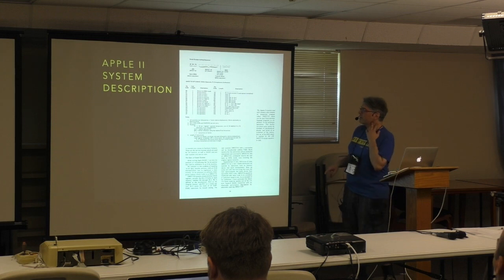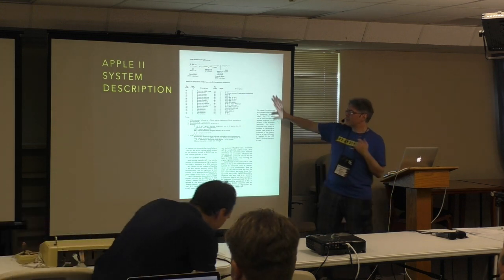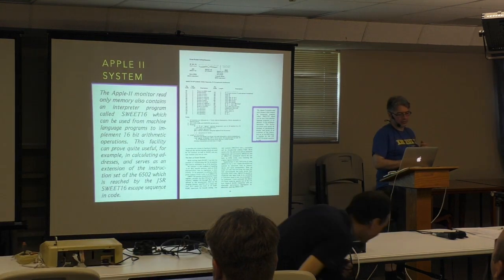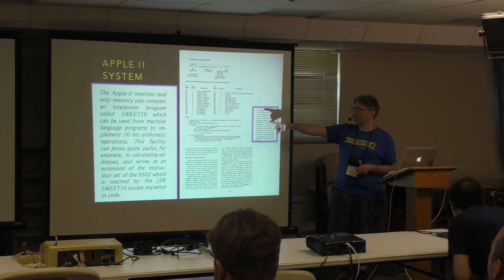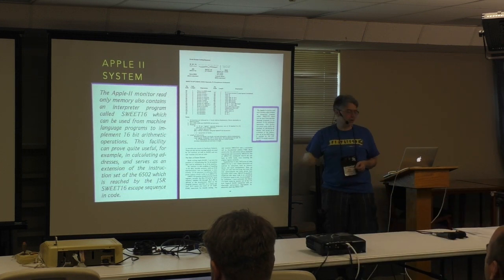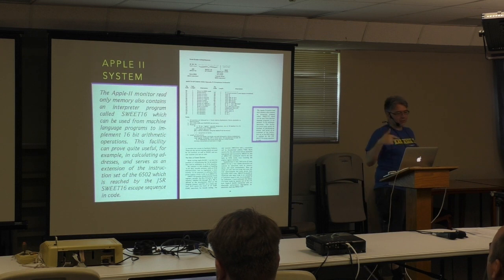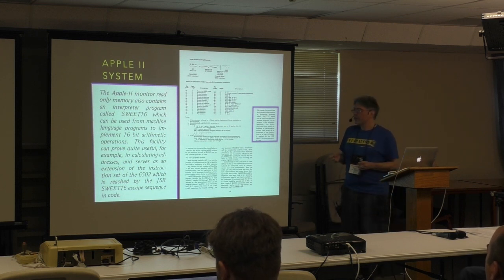At the end, he mentions SWEET16. "The Apple II monitor ROM also contains an interpreter program called SWEET16, which can be used for machine language programs to implement 16-bit operations."